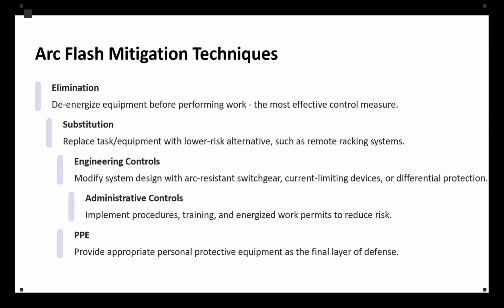We could implement procedures and training, and energized work permits, so we could decrease the human factor in arc flash incidents and reduce the risk. And we have to provide appropriate personal protective equipment, PPE. This is the final layer of defense that we have against the arc flash.